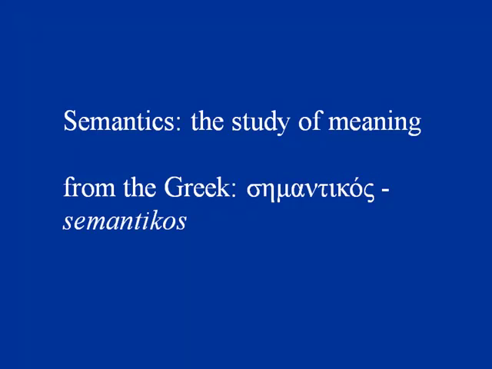Actually, the word semantics is a Greek word. It comes from the Greek semantikos, which is the study of meaning, and it's been used for several thousand years to denote understanding when we're trying to make sense of things in the world. In linguistics, for example, linguists study semantics.